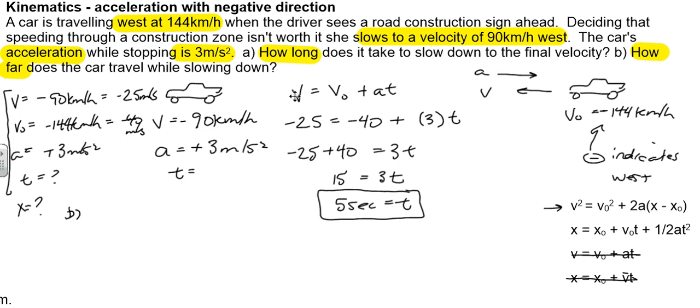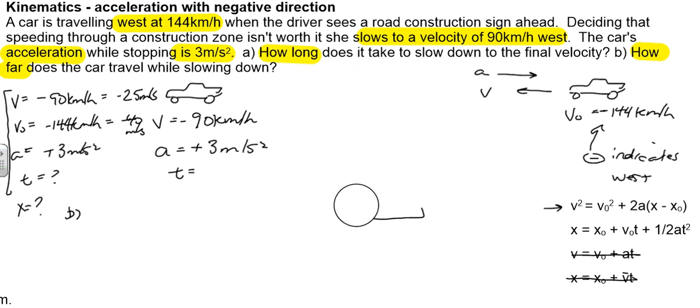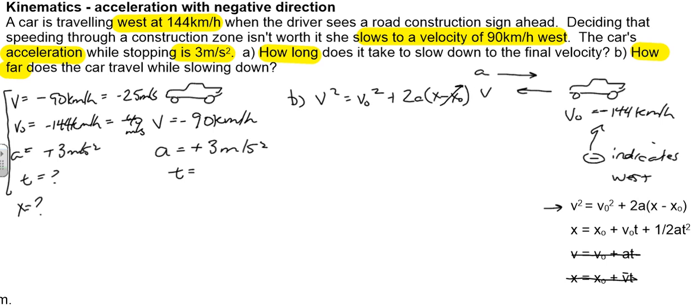A little tight for space, so I'm just going to put it up here. I'm going to erase this. My drawing took too much space. So we're going to use v squared equals v naught squared plus 2a times x minus x naught. The x naught isn't given, so we're going to assume that's 0. Final velocity, negative 25.